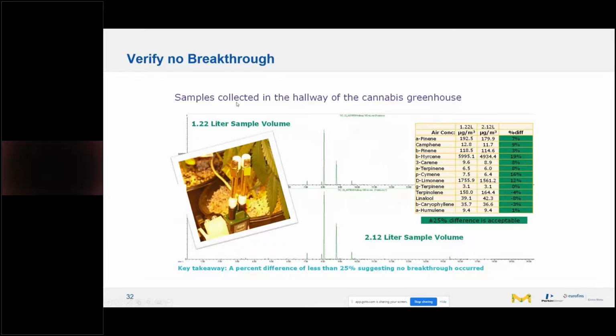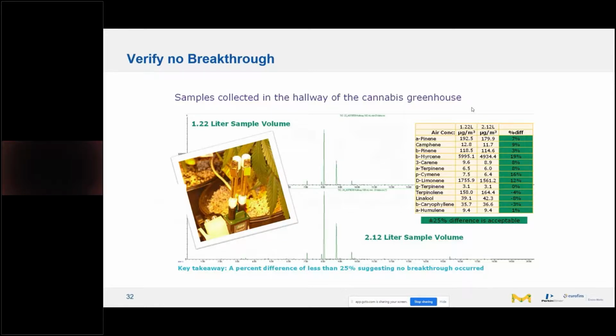This was samples collected in the hallway of a greenhouse. And what we did here, and this is done readily in thermal desorption to ensure we're not getting breakthrough, is taking 2 volumes from the same site. The first volume was 1.22 liters, the second volume was 2.12 liters.